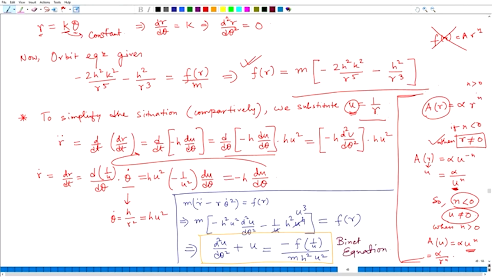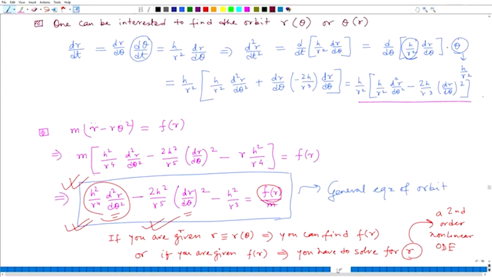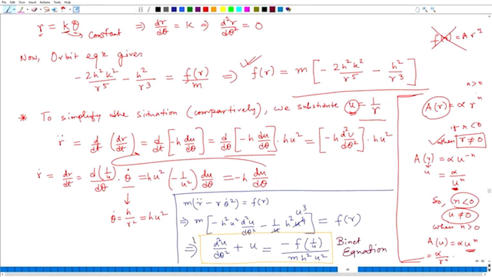Now, what is the difference between this equation and the equation what we get over here? So, you see, this is a second order differential equation, I understand, but this is much easier to handle, because this part is linear in u, but it was non-linear in case of r.